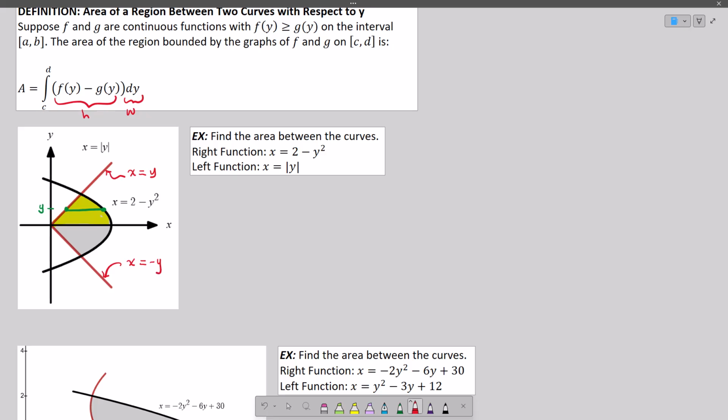So this is a piecewise defined function. A piecewise defined function has different definitions for each piece. So when you look at the definition of absolute y, what it means is that it's going to be equal to y if y is greater than or equal to 0, and it's equal to negative y if y is negative.